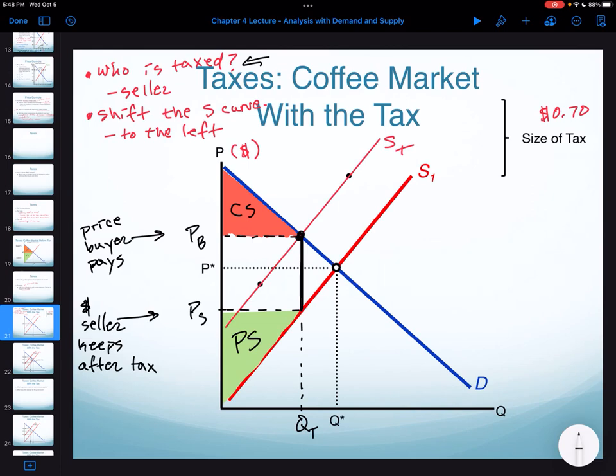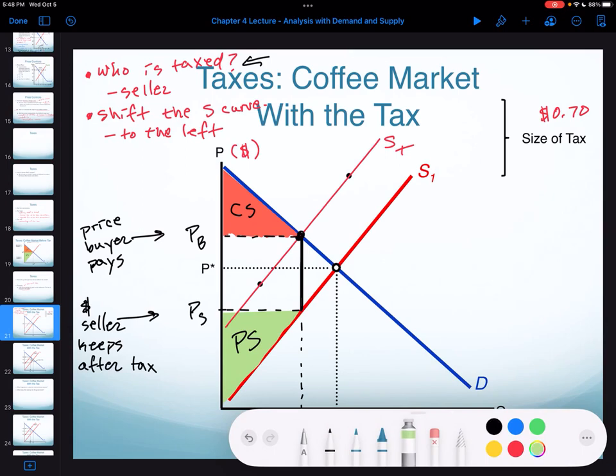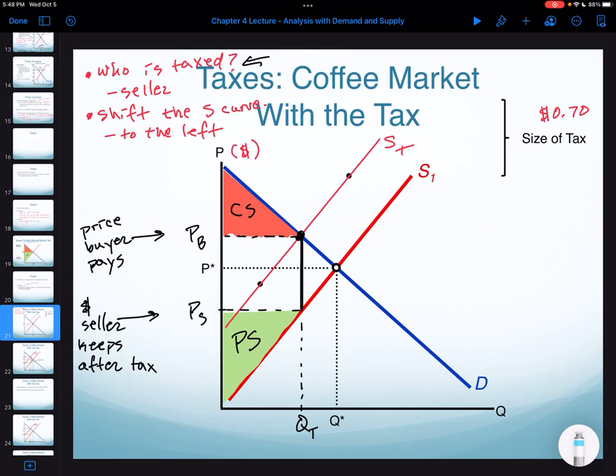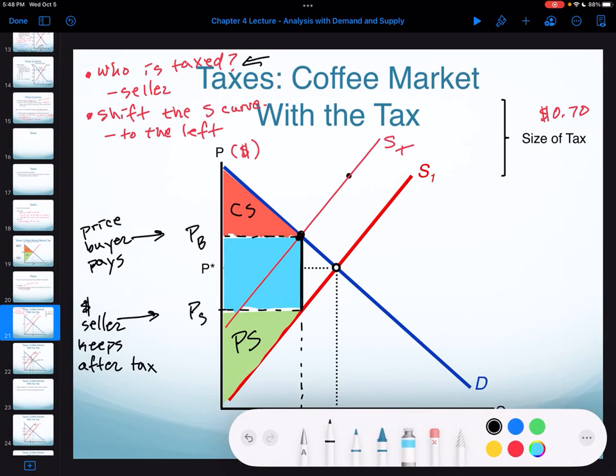All right, well, what about, let's pick a nice blue. What about this rectangle right here? There we go. This area used to be part of consumer and producer surplus, but what is it now? Well, let's think about this.